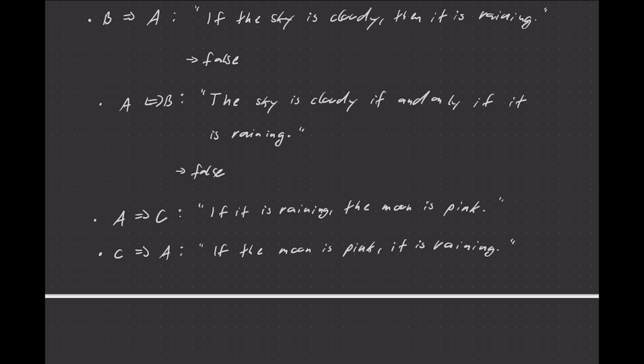And what does that mean? Well, that means it doesn't really matter what A is. This is always a true statement. Yeah, the moon is never pink, so we don't have to know about the truth value of A. There is no implication here that we need to fulfill. Okay? So this is, in fact, a true statement.